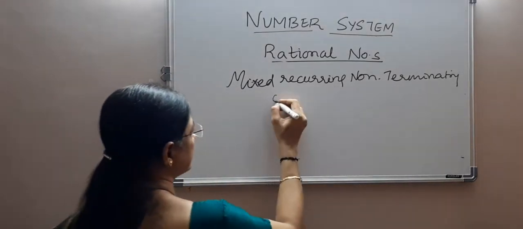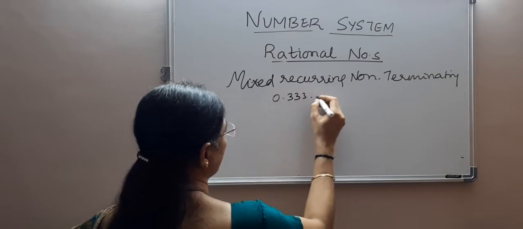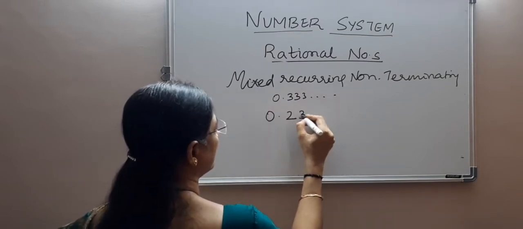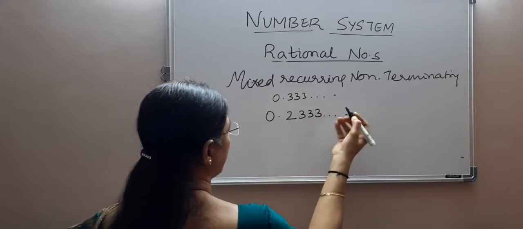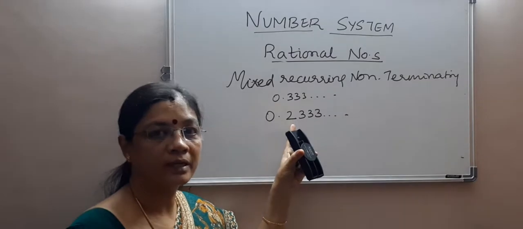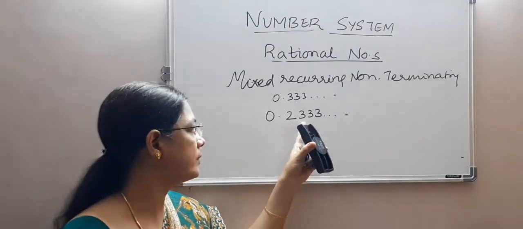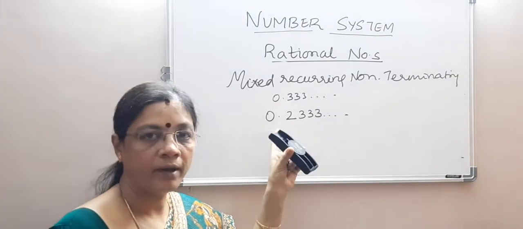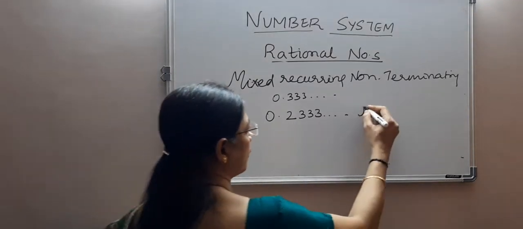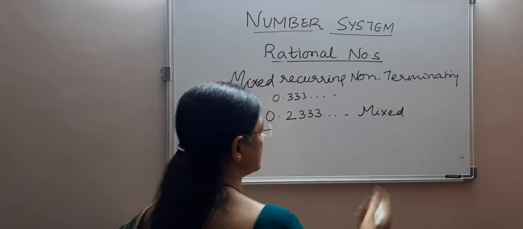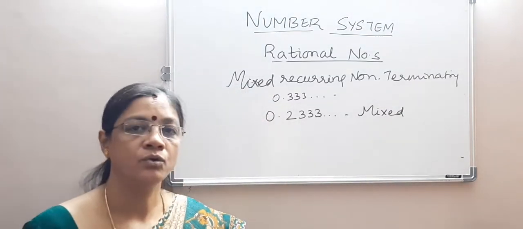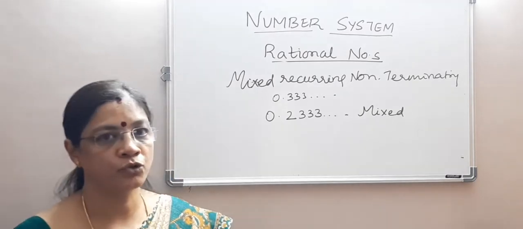But if I have some numbers without recurring and then the other numbers are recurring, here I have 2, that is a non-repeating number, and the rest of the numbers are repeating. If I have numbers like these after the decimal point, then those are called mixed recurring. That is, you have non-repeating numbers along with the repeating numbers. So in that case, how do I convert them into p by q form?